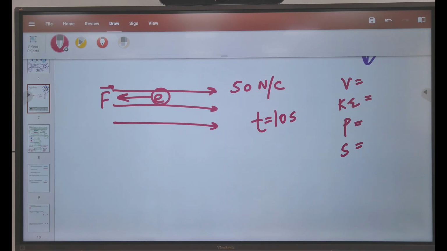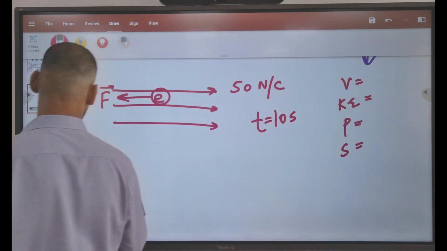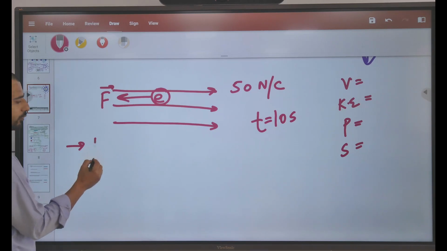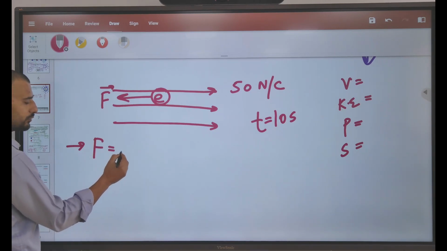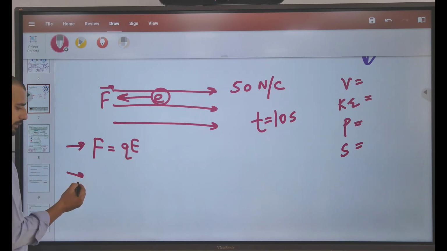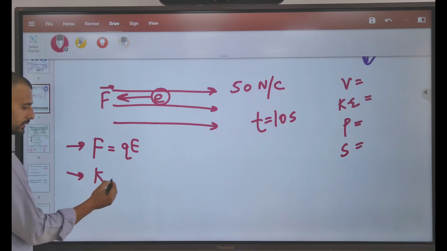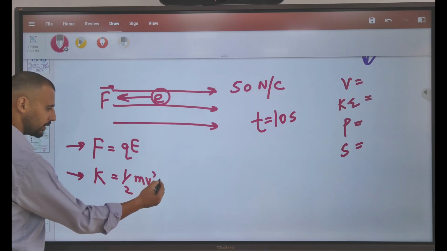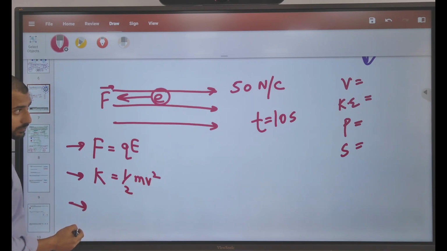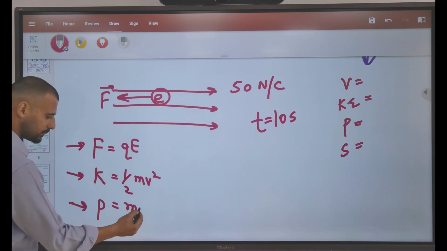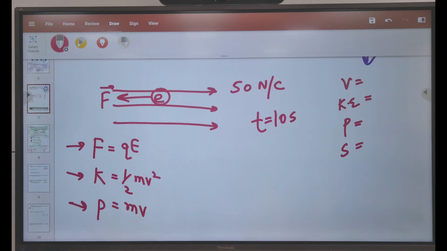Which formula? You might use these formulas. Force is equal to Q multiplied by E. You might be using kinetic energy is equal to half of mv square. You might be using momentum is equal to mass multiplied by velocity.